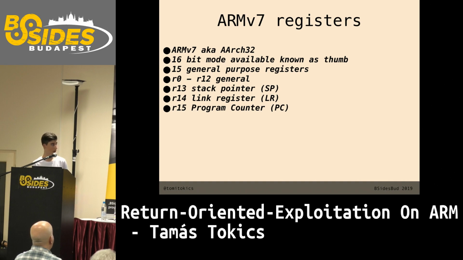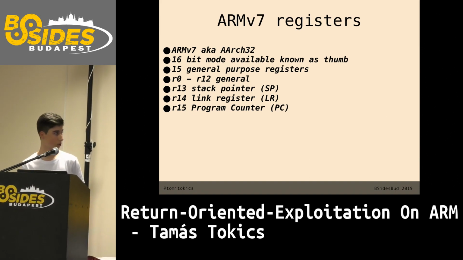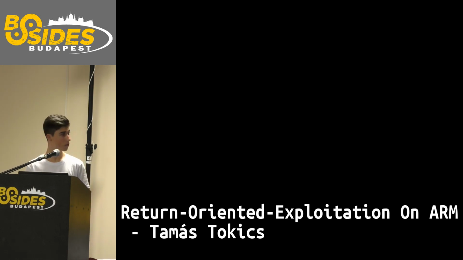ARMv7, aka ARM32, has a fixed size of 32 bits, and there's a 16-bit mode available known as Thumb mode. On ARMv7 we have 16 registers, labeled R0 to R15.